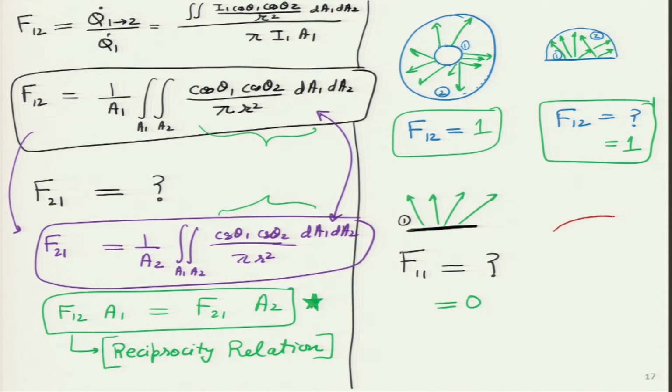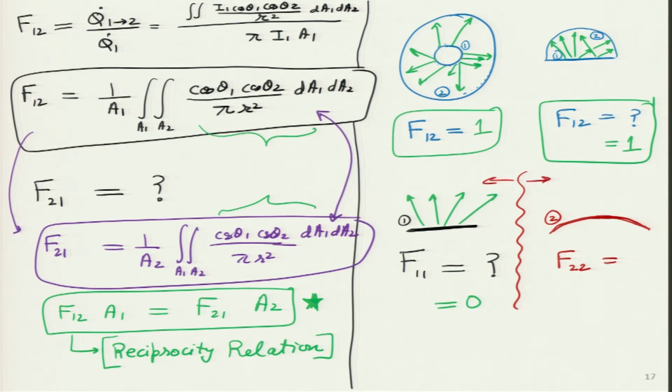Let me look at another surface over here, a slightly curved surface, and the top portion I am calling surface number 2. Now, I want to find out what is the value of F22. These are not linked with one another, this is separate.